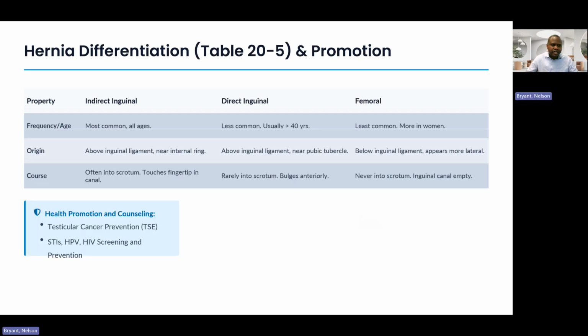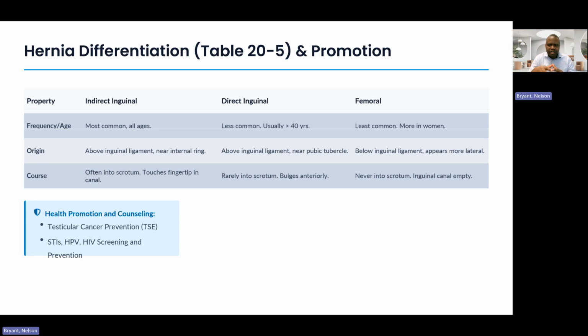This is a very key skill which comes with time. For example, indirect hernias are the most common, which originate from the internal inguinal ring and often descend into the scrotum, touching, for example, the fingertip of the examiner.